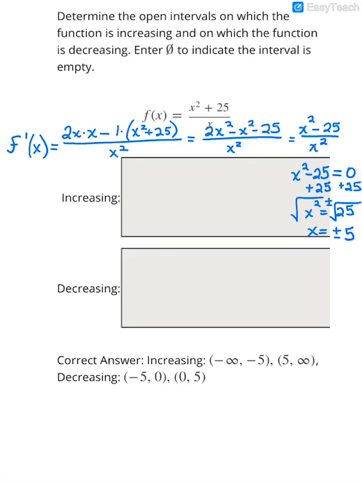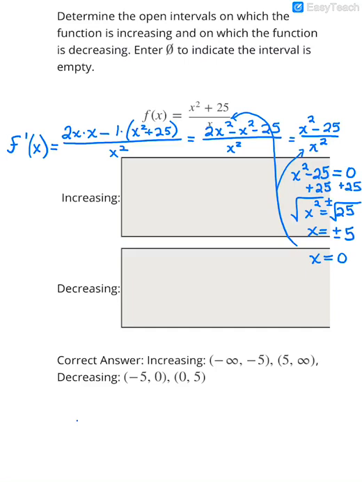However, you can get changing from increasing to decreasing at those values, which eventually become their vertical asymptotes on the original graph. So when we're looking at our number line to test values, we also have to consider the value x equals 0, since it makes not only the original undefined, but our first derivative undefined.